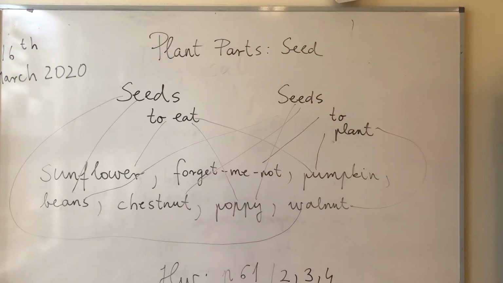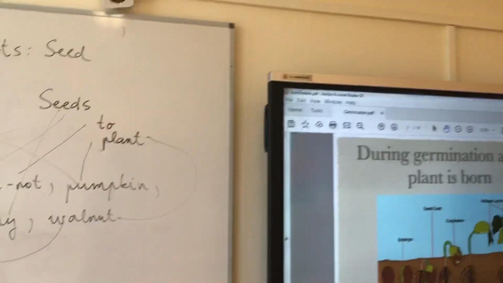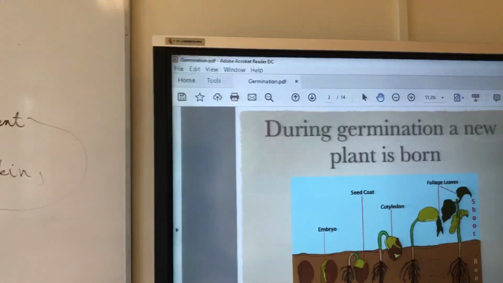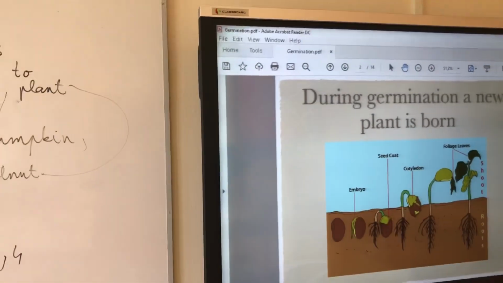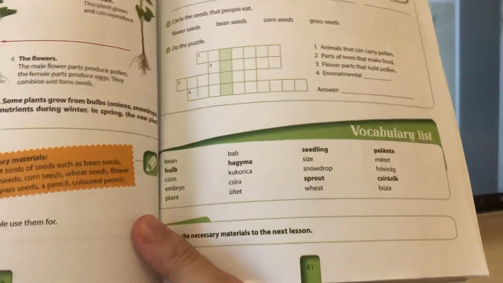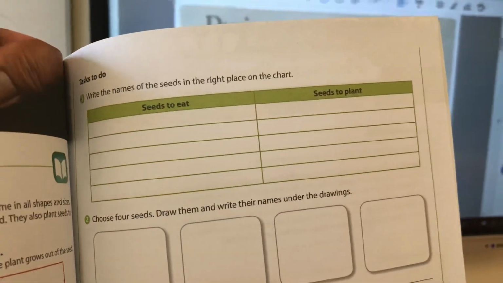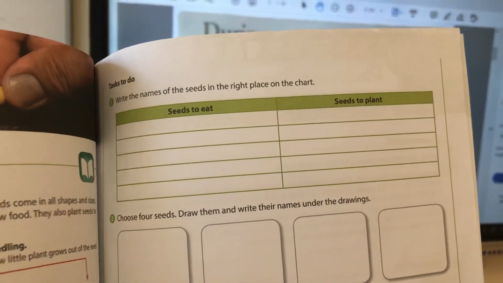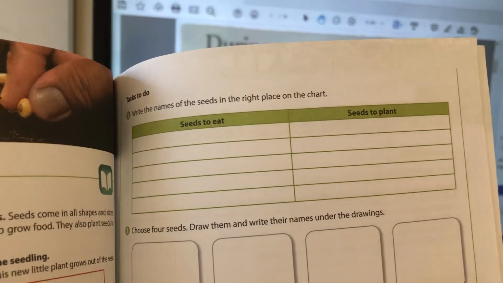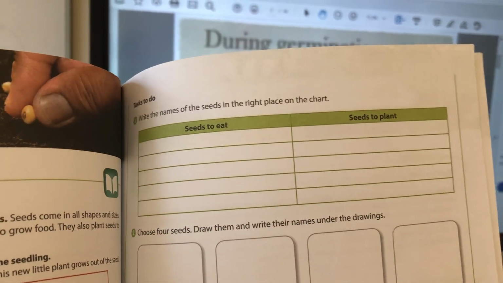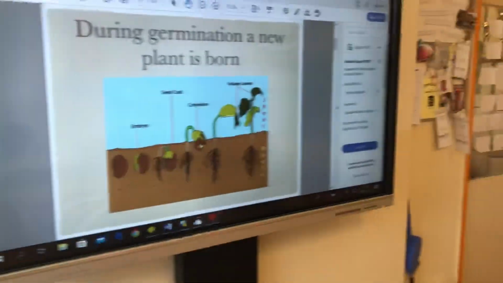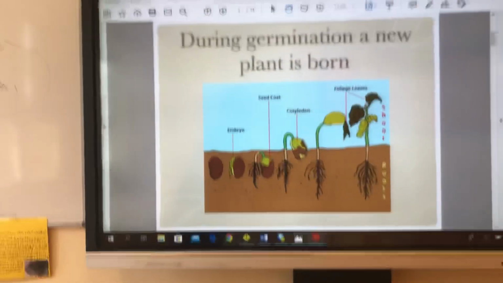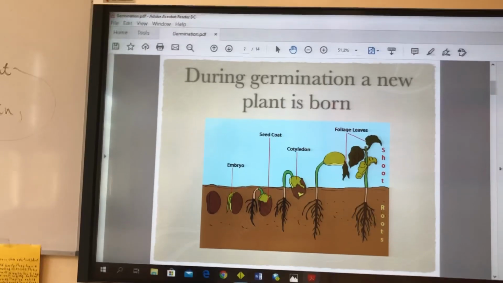Now you need to fill a special chart in your book. Look at page 61 in the book, task 1, and write there the names of the seeds which you can eat and the seeds which you can plant. If you finished that, then we can move on.